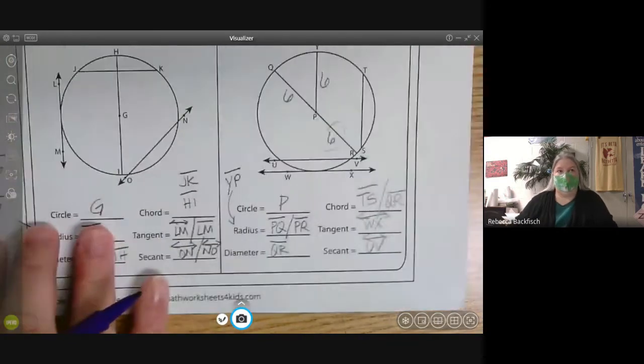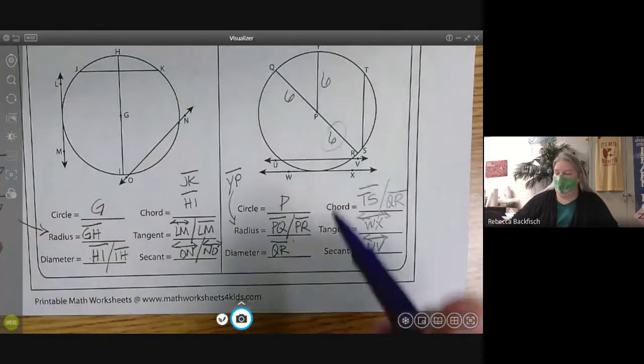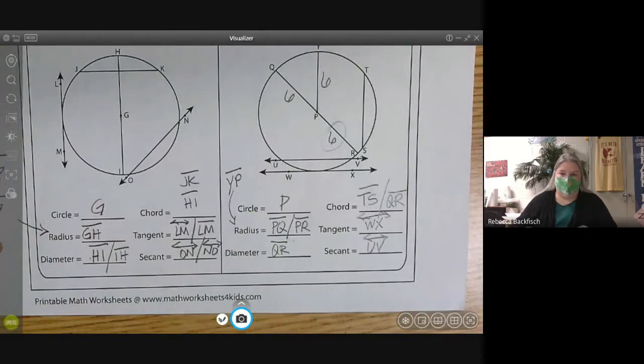And actually, you can go ahead and check number 4 as well. I'll explain that 6 in a minute. That 6 is not really part of the problem there.